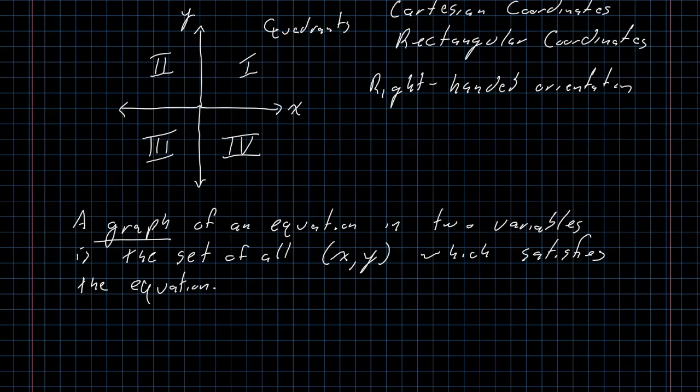The easiest way of defining a graph is literally the solution set of an equation in two variables, or as we'll see as we go through this course, in 3 variables or 4 variables or 27 variables.